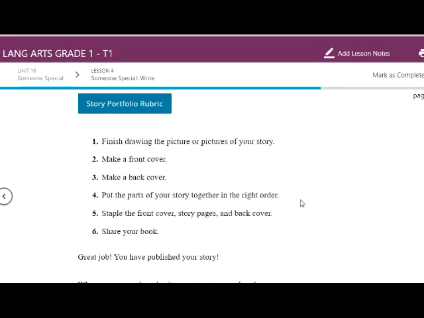We've got our checklist right here too. We're going to draw pictures, make a front cover, make a back cover, put our story together in the right order, and then staple the front cover, story pages, and back cover together. When you're done, make sure you share your book with your parent or caretaker, and make sure your parent or caretaker takes pictures of each page and sends them to your teacher.